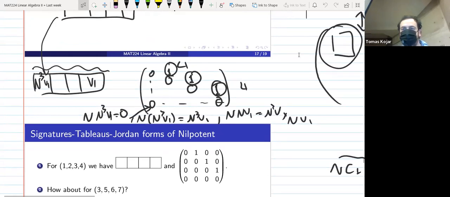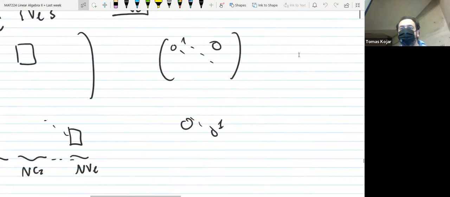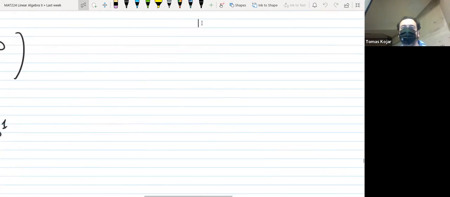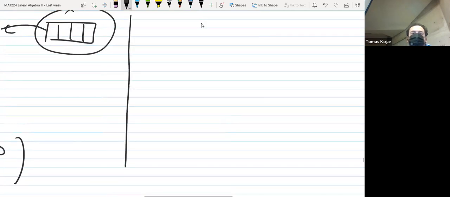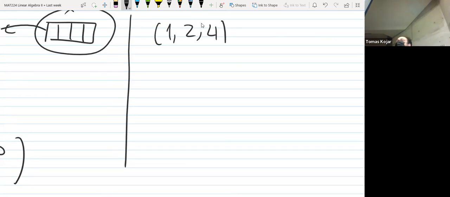Just a second. So let's do this. Sometimes these signatures are not actual signatures of a nilpotent map. Remember in your homework. So I don't know if this has, so let's be careful here.